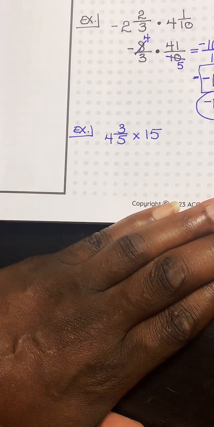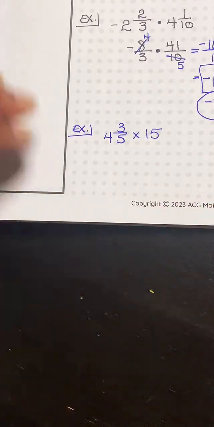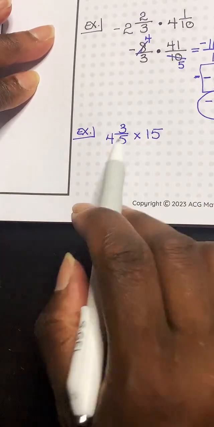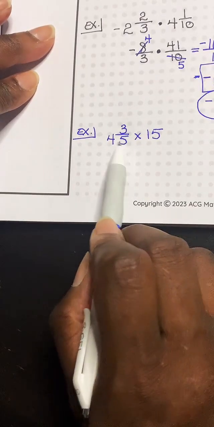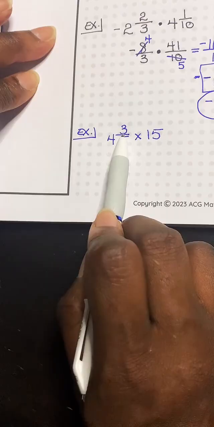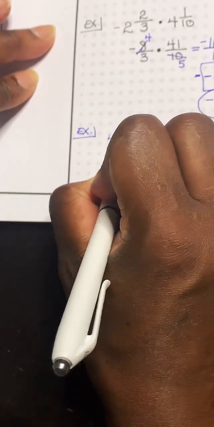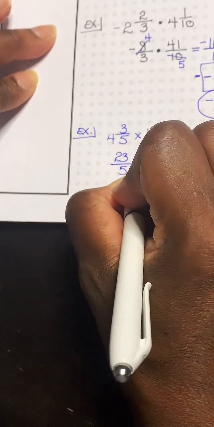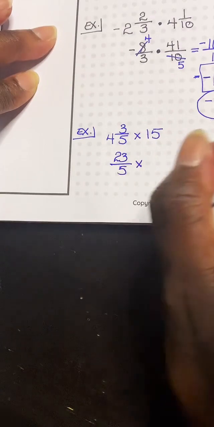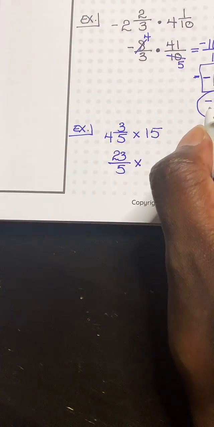All right, so for the mixed number, my queen, the one in pink, is saying that we have our 23 fifths. So 5 times 4 gives me 20, plus 3 gives me 23, and over our 5. And then we're multiplying our 15.